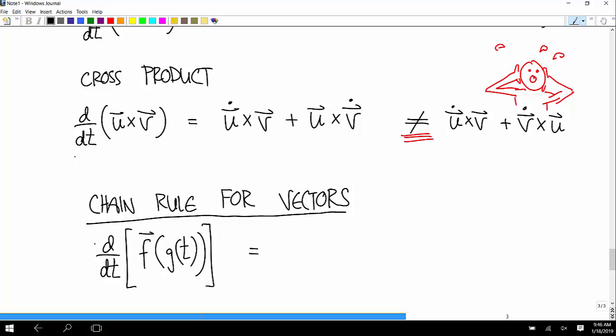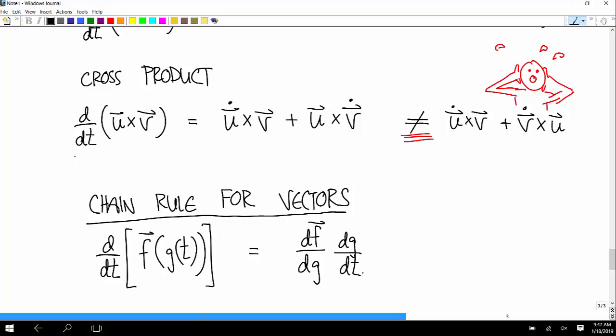And this is equal to the derivative of vector f with respect to g times dg dt. So it works just like scalar chain rule, just that one of those derivatives, the df dg, is going to still be a vector.